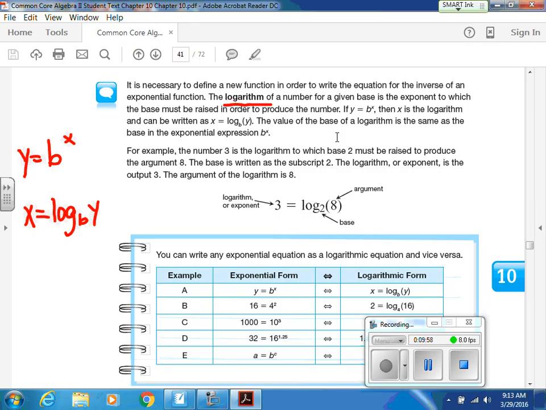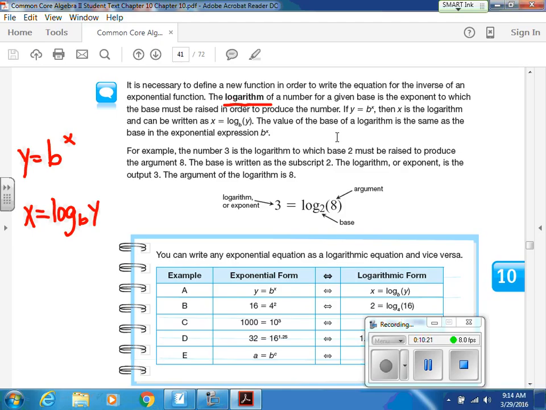Okay, remember, these are exponential functions. These are basically problems where the variable is the exponent. I need to figure out what the exponent was. What power did you take this to get that number?